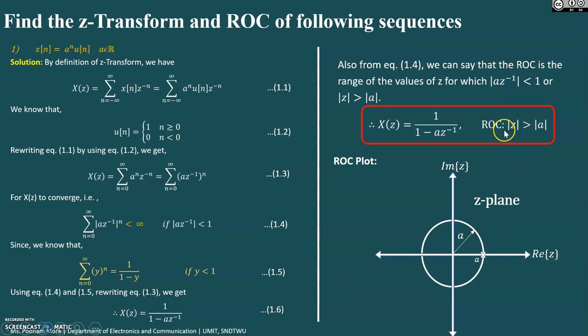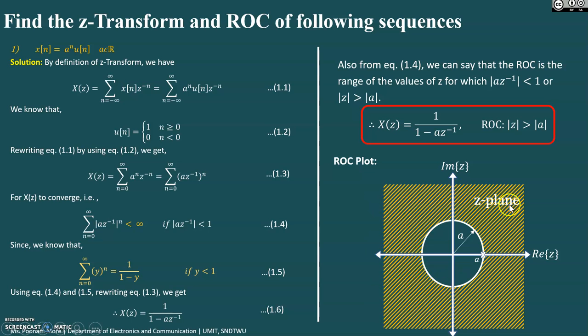According to the ROC we have got, it is the range of the values of z for which the magnitude of z should be greater than a. The values of z greater than a are outside this circle, and therefore the whole region outside this circle in the z plane is considered as the ROC for the given sequence.